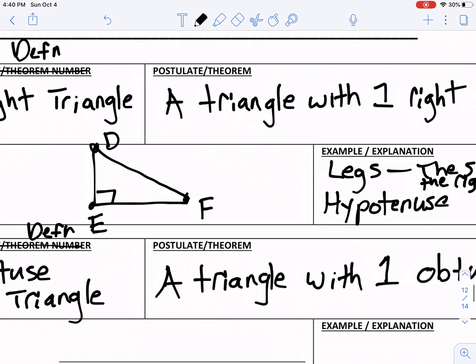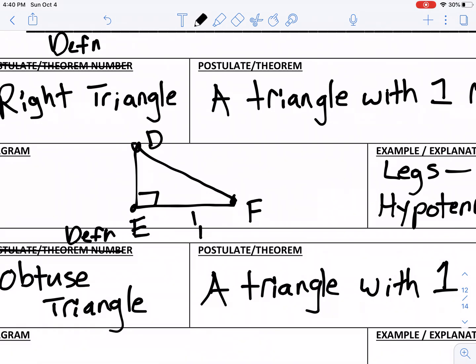So in our picture here, this guy would be a leg, and this guy would be a leg. So the segment DE and the segment EF, those would be legs of this right triangle.